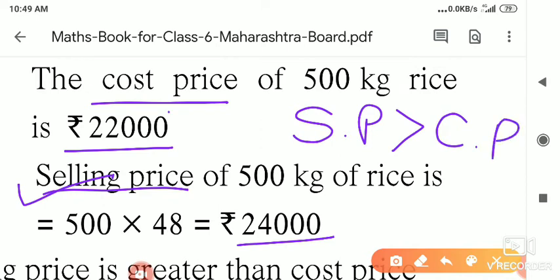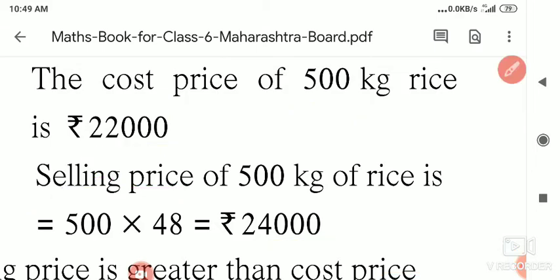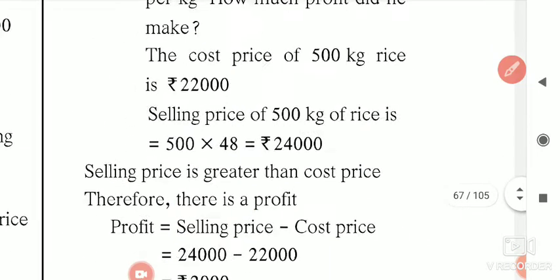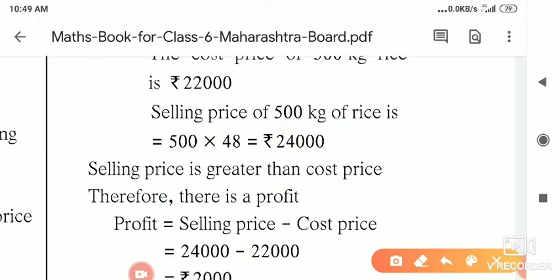Therefore, as I told you before, if SP is greater, there is a profit. So we write that selling price is greater than cost price, and that's why there is a profit. And as you know, the formula for profit is selling price minus cost price.